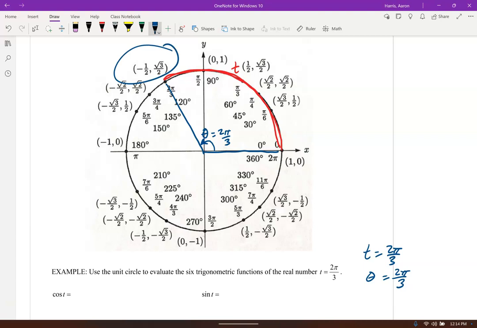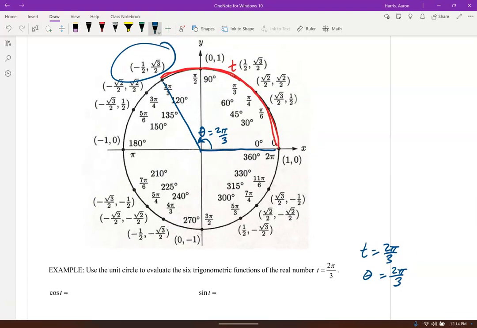Okay? So then I could say, cosine of t, or cosine of 2 pi thirds, if I rotate 2 pi thirds, cosine is my x value. And my x value is -1/2, as you can see. There's my x. The sine of 2 pi thirds is the y value. The y value there. So √3/2.